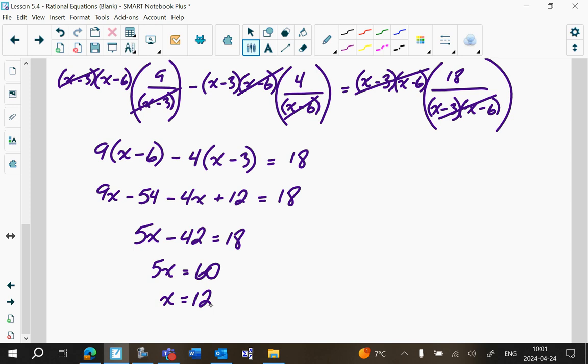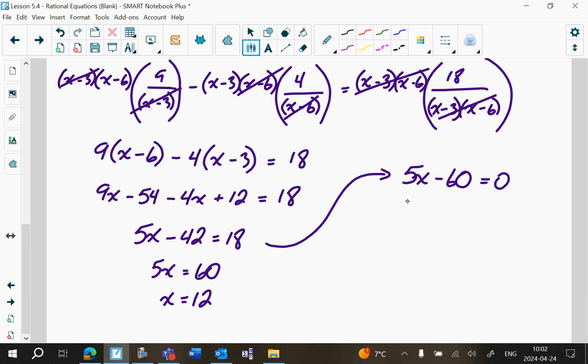Oh, I see what you're doing. Yeah, it is possible to do it. It would be technically correct. If you went from here and moved the 18 over, you'd get 5x minus 60 is equal to 0.